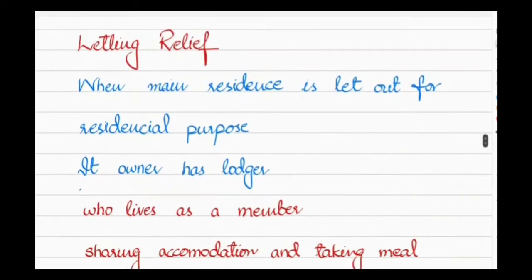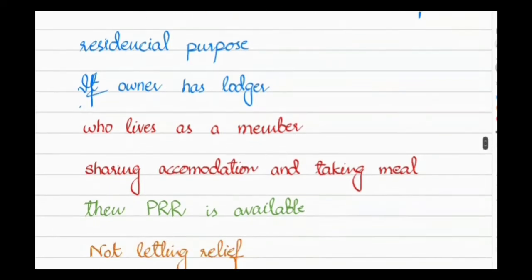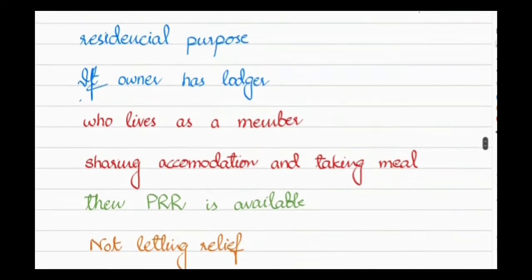Now it is about letting relief. When the main residence is let out for residential purposes, the owner has a lodger. But remember that if the owner has a lodger who lives as a member, sharing accommodation and taking meals, then PRR relief is available, not the letting relief.